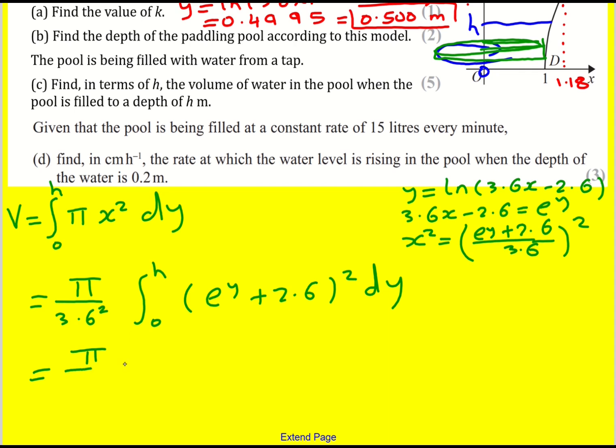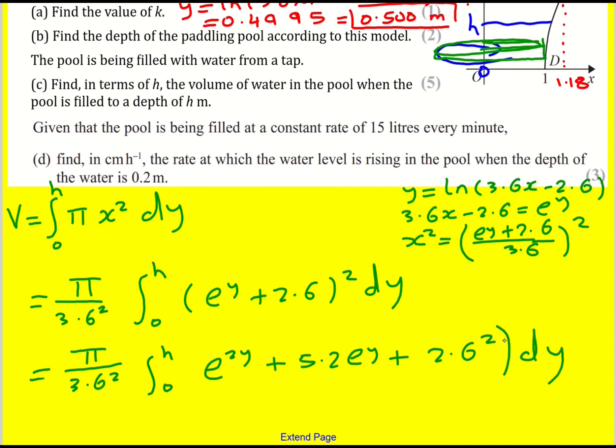At some point I'll work out what 3.6 squared is. But multiplying this bracket out, I'll get e to the 2y, then 2.6 times e to the y, but another one, so I'll get 5.2 e to the y, and then plus 2.6 squared, which I'll just leave as that for the moment.